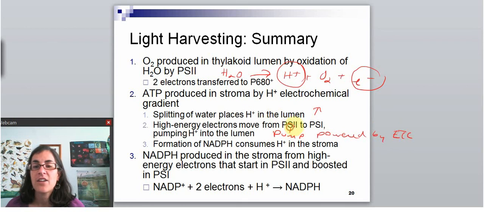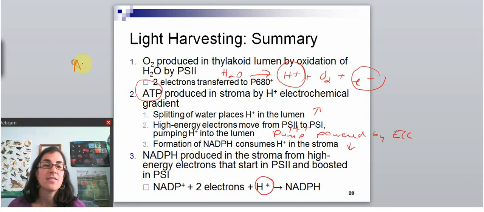So this is the hydrogen pump that's going to move hydrogens from low to high. And then the third part, NADP plus, 2 electrons, plus hydrogen, this uses H plus, so that is going to lower the concentration in the stroma. So all three of these things are contributing to the gradient that is then used by ATP synthase. So remember, ATP synthase uses the gradient to make ATP.